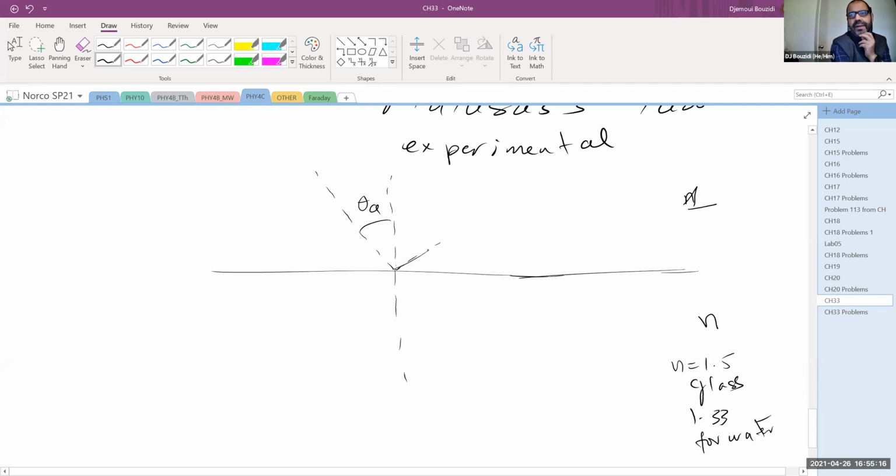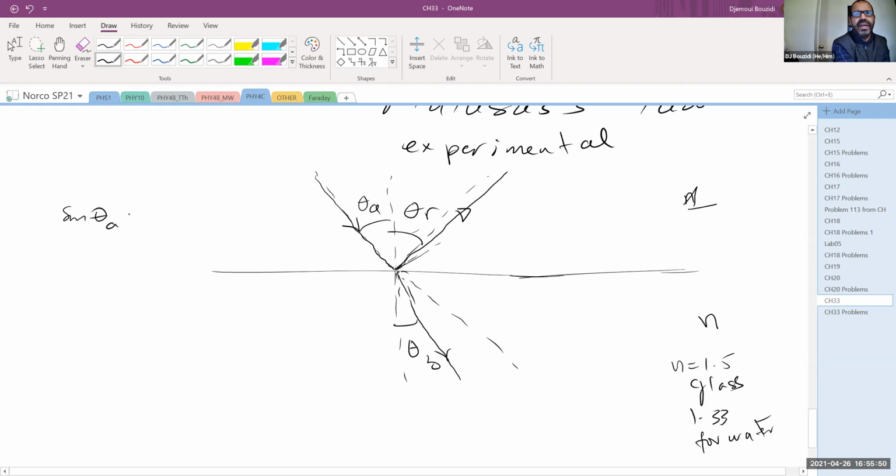So again, there is the angle of reflection, theta r. This is the incident, this is the reflected, and this is the refracted. The refracted angle, theta B, is usually less than theta A, and theta A and theta B are given by that relationship. Because I took n to be 1, sine of theta A is equal to n times sine of theta B, okay?